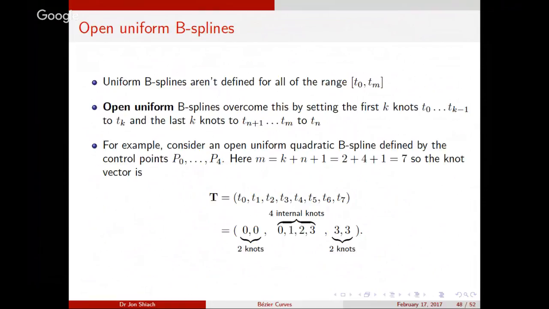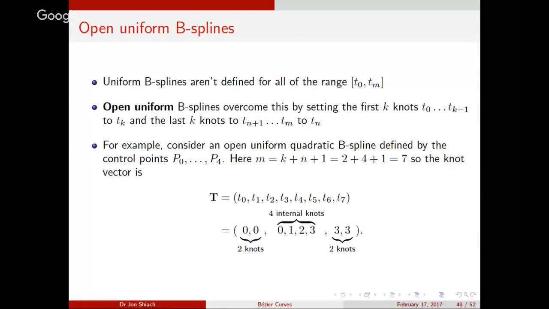I've set T2 to be 0, T3 is 1, then 2 and 3. The first 2 knots I set to the same value, so I pad it out with zeros. Likewise, at the other end, the last 2 knots are equal to the knot T5.